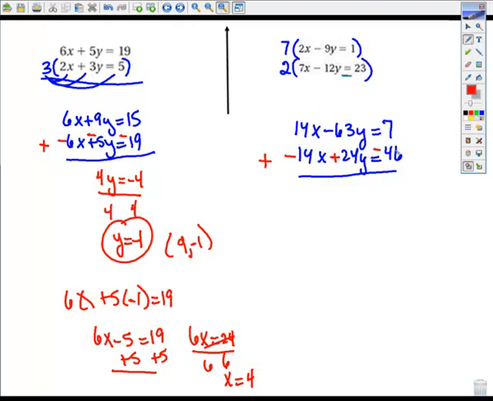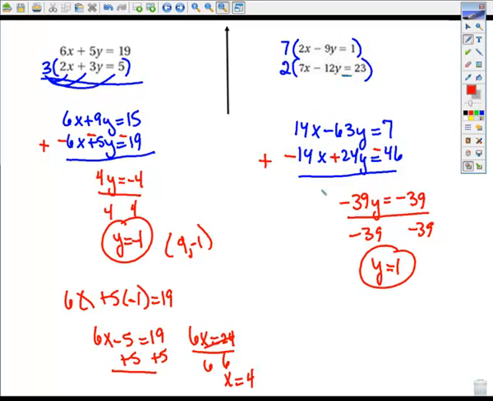And I have negative 63y and a positive 24y, so that's going to end up giving me a negative, let's see, I think it's 39y, yep, equals negative 39. Divide by negative 39, and y equals positive 1.